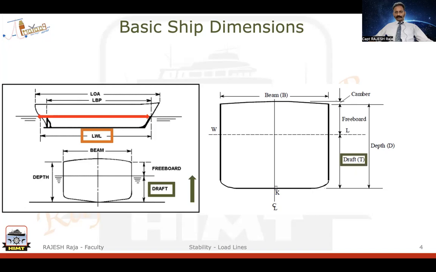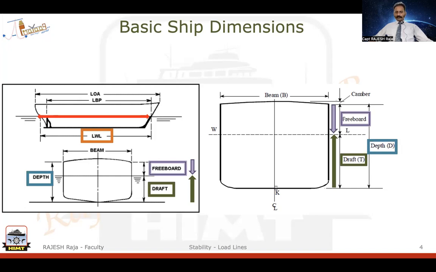I'm showing you the same thing in one more picture also. Then if I'm interested in draft, I'm interested in something else also, which is called freeboard. Freeboard is measured in this direction, the way I've shown you, and similarly on this also. When you add your freeboard and draft, it is also called the depth of the vessel.